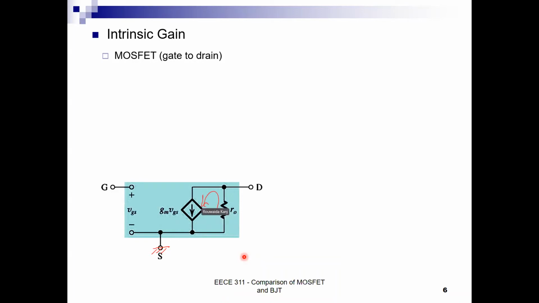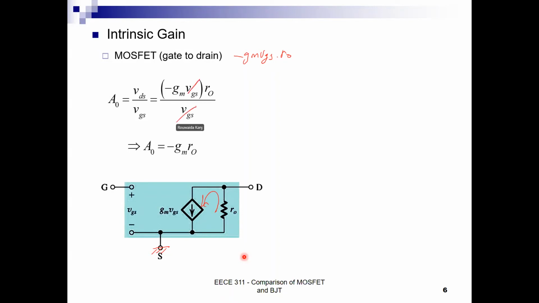So it is minus GM VGS times RO is VDS. And VGS is VGS. So the gain is really minus GM RO, because those two are going to cancel, and this will be minus GM times RO.